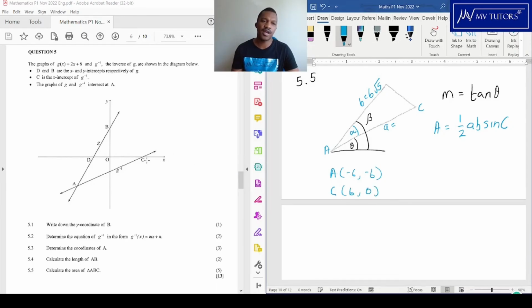6 and 0. How do I know that? Because it's the inverse, and X becomes Y and the Y becomes X. So if the Y was 6 here on B, the X is 6 on the inverse.